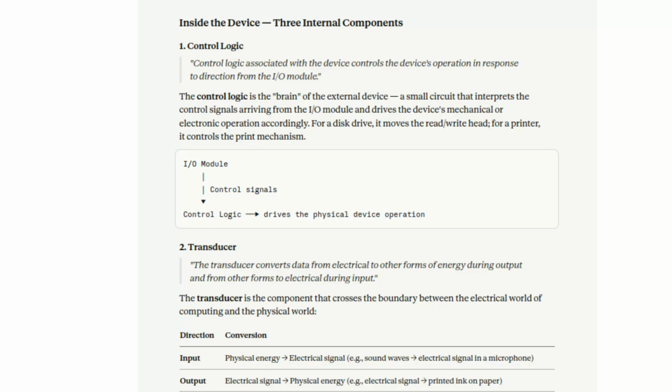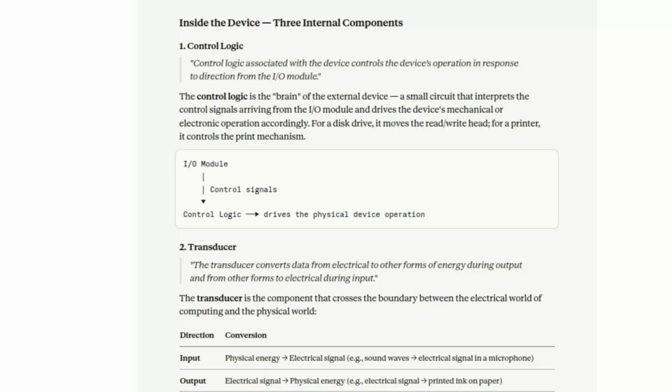So what does the control logic do? The control logic is the brain of the external device, and it is a small circuit that is placed in our external device.